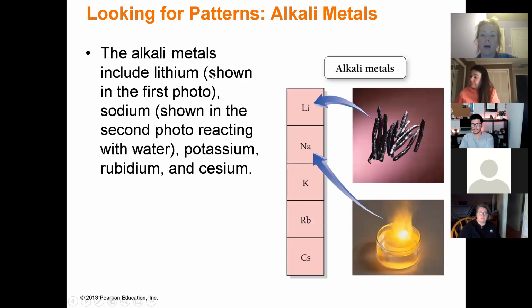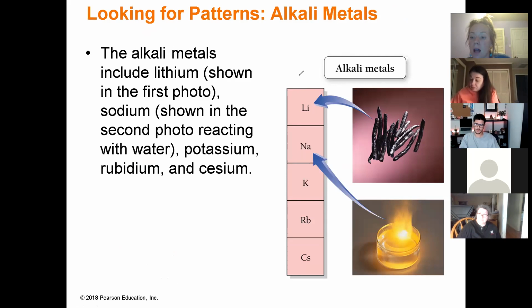So there's our alkali metals, some properties of alkali metals. They are extremely reactive, really easy for them to react. And they like to react in a consistent way, in that they give up 1 electron. So if I give up 1 electron, I give up 1 negative person, I become positive by a factor of 1.